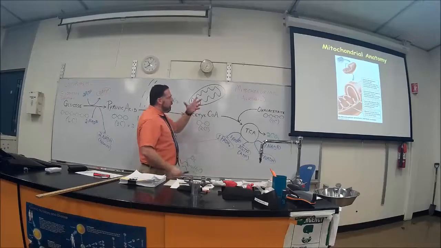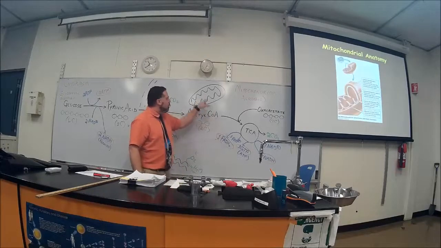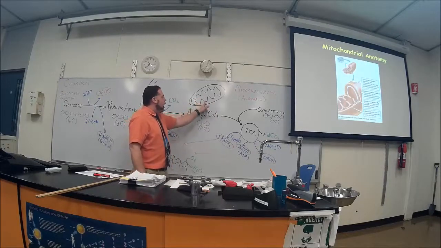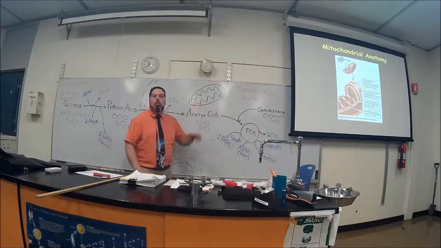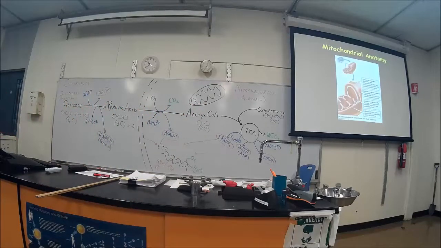The hydrogens will be pumped out of here, because it's coming from the TCA, into the intermembrane space, and then they have to go back in. But there's a machine over here, an ATPase pump, ATP synthase, that is going to make the ATP.